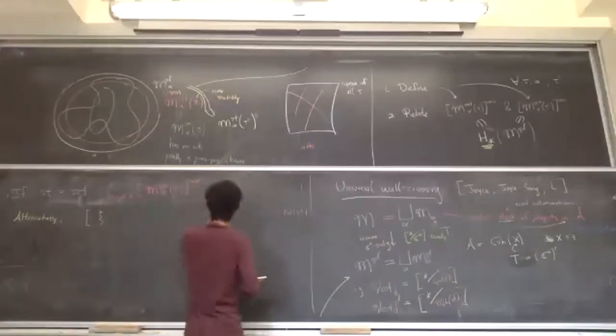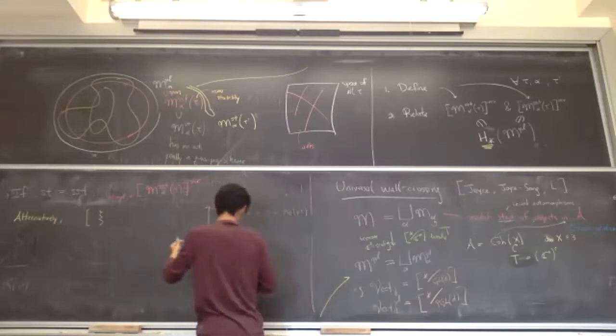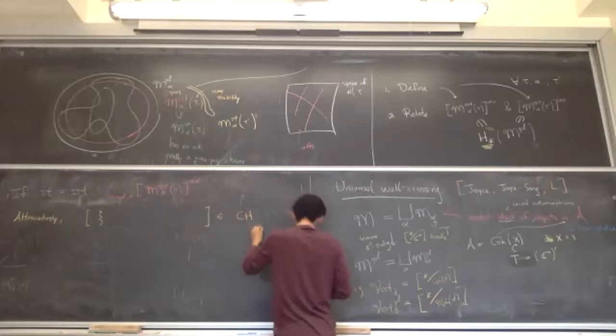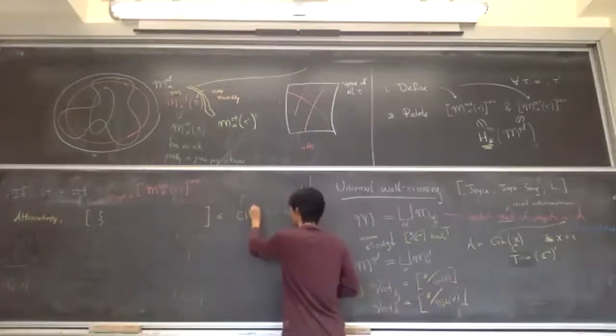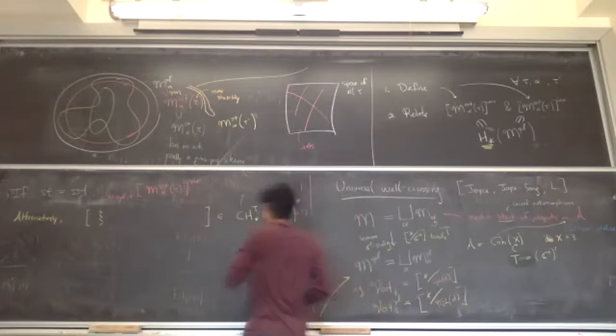Okay, so this will eat something in something like the cohomology, or maybe even the Chow group. Maybe even T-equivariant on M^pl. Something in its formal dual.